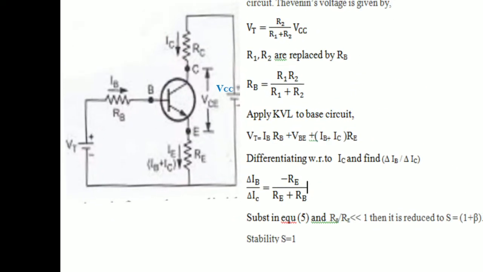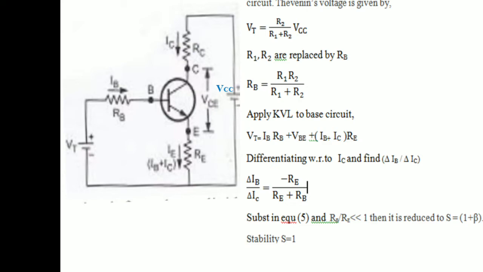Differentiating this equation and considering VBE to be independent of IC, we get del IB by del IC into RB plus RE, which is a change in value. From this, del IB by del IC is equal to minus RE divided by RE plus RB. That is a very important one.